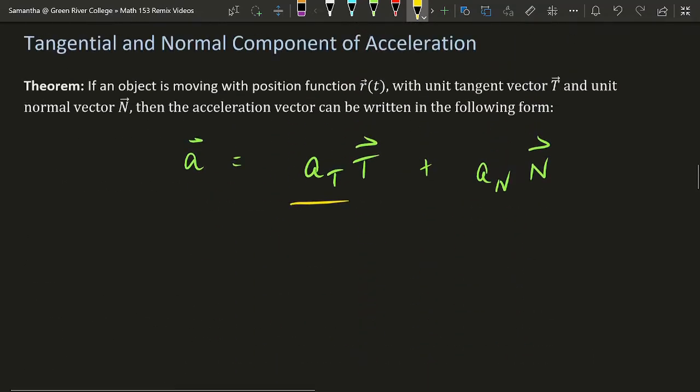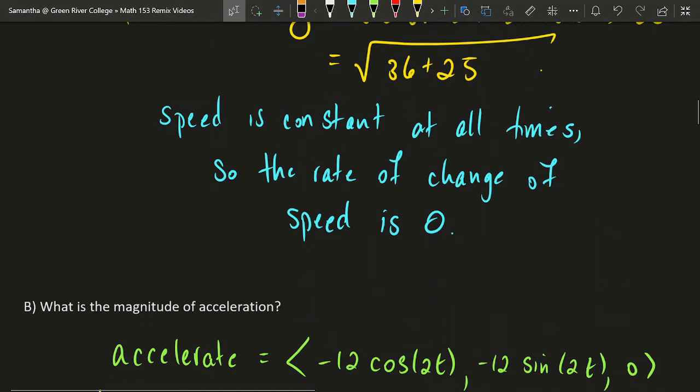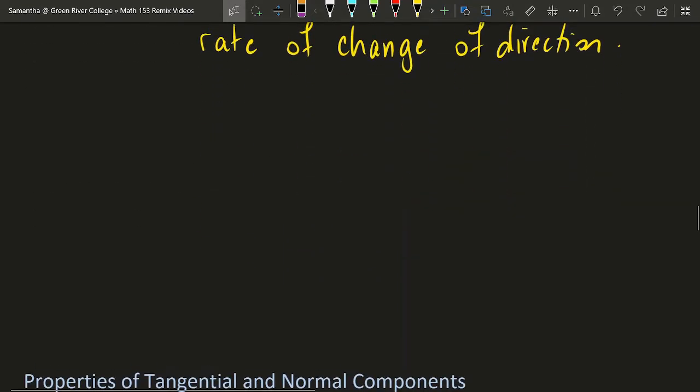So scrolling back to the previous example, in this problem, the speed was constant and the rate of change of speed therefore was equal to 0. As a result, in the previous example, we would know for sure that a sub T was equal to nothing.